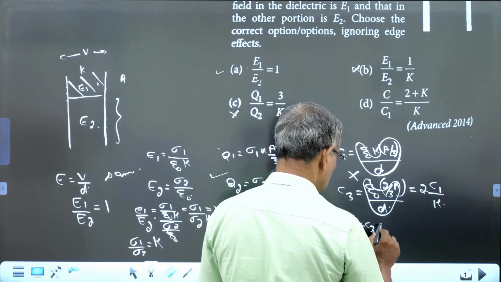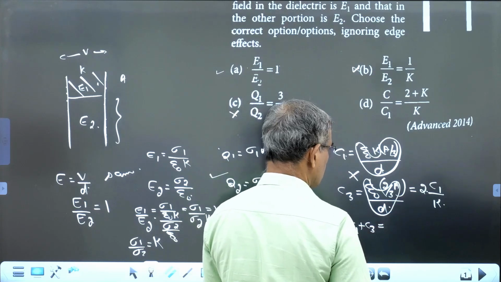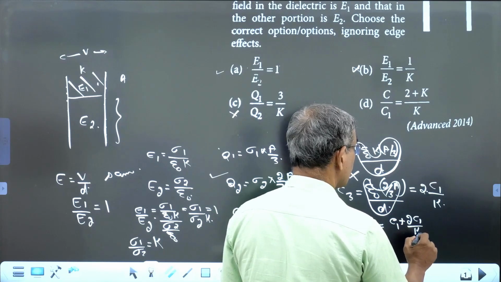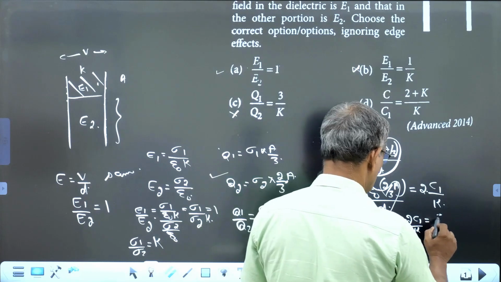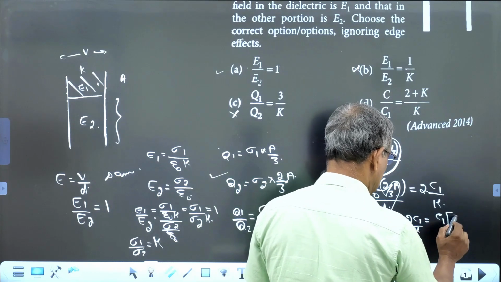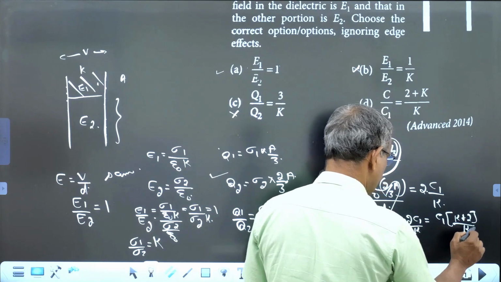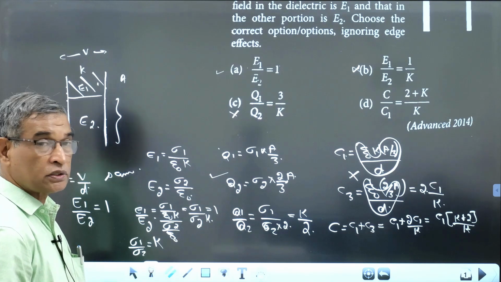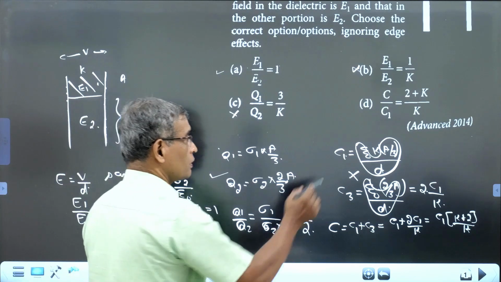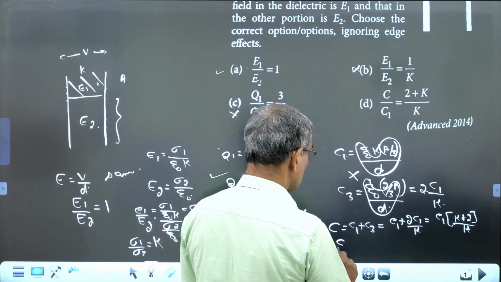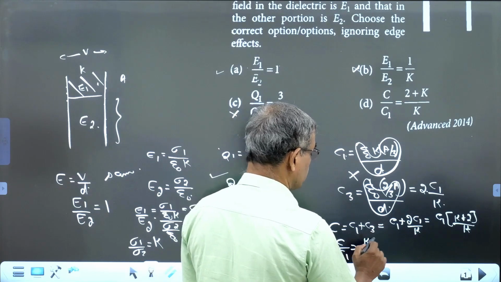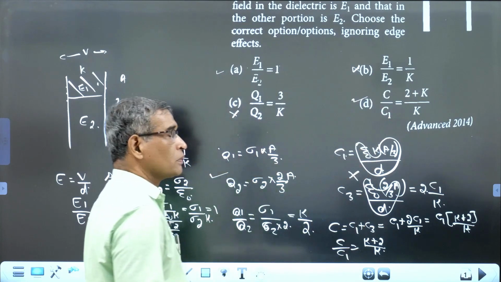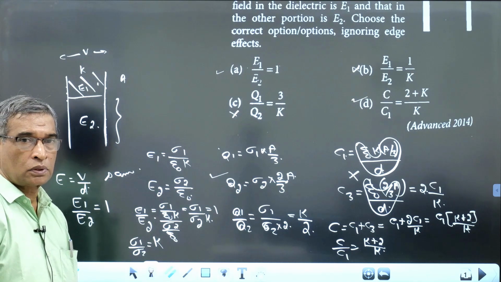That is equal to C1 plus 2C1 by K, which is C1 into (K plus 2) by K. That is our C. And what is asked is C by C1, so C by C1 is equal to (K plus 2) by K. You can see that option is here, and therefore both A and D, these two options, are correct.